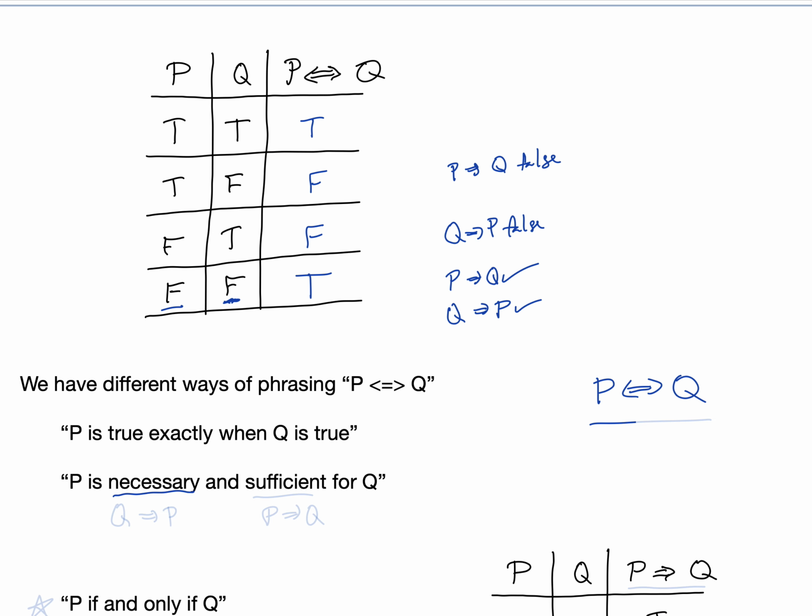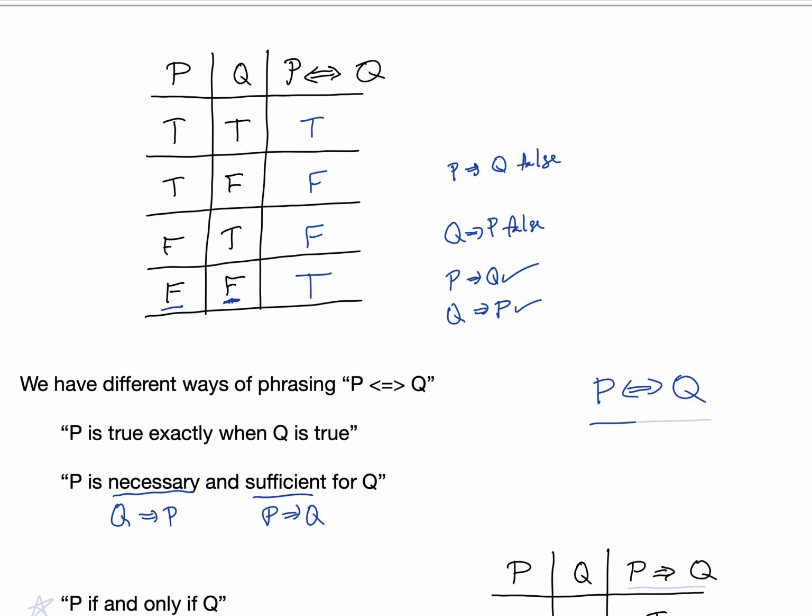So P is necessary for Q. That's equivalent to Q implies P, because for Q to be true, it is necessary that P is true. And so that means that if P is false, then Q cannot be true. Sufficient, that's P implies Q. And so P is sufficient for Q. In other words, if P is true, then Q must be true.